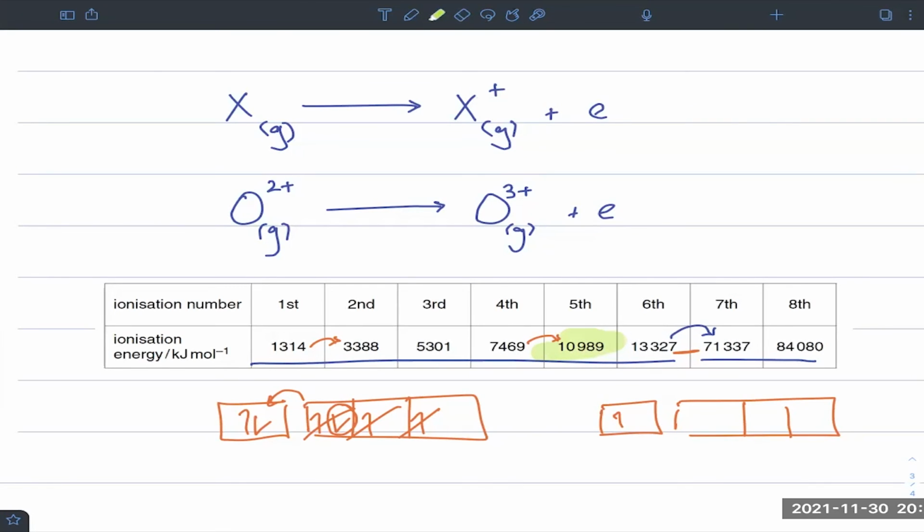Sir, so can we say that it's harder to remove a paired electron? It is easier to remove a paired electron, because there is spin pair repulsion. Then why is it more here? Because you are jumping to a smaller subshell. That counteracts the spin pair repulsion.